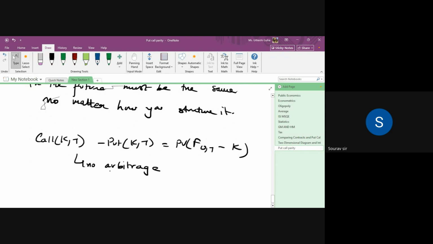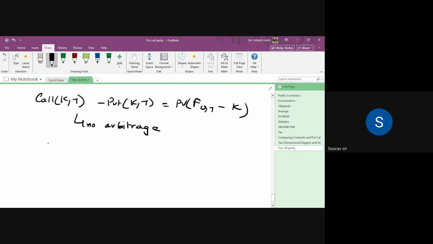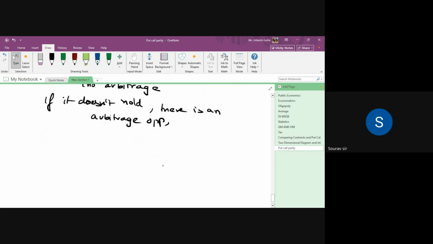So what will we do? Buy the cheaper portfolio. Or sell.